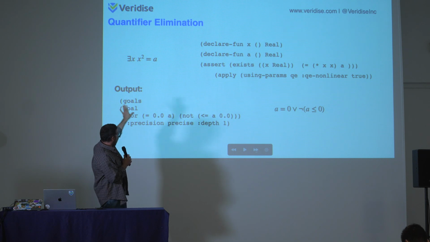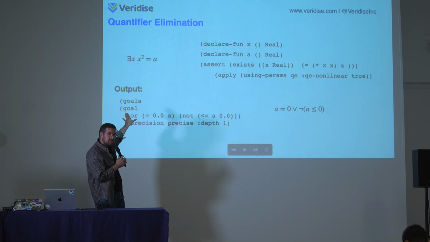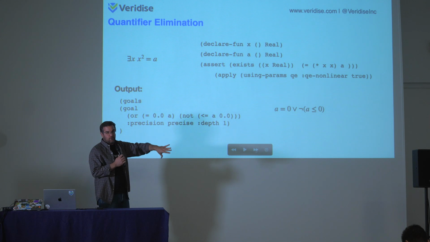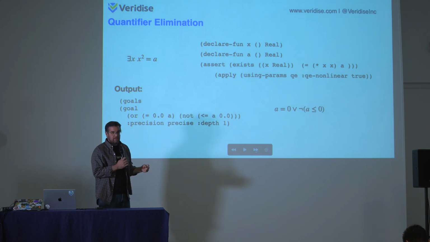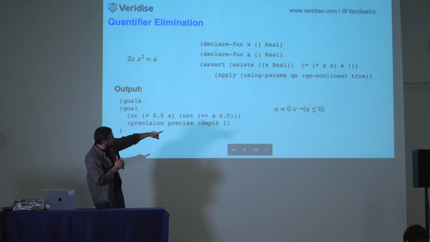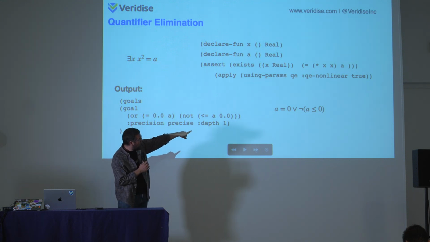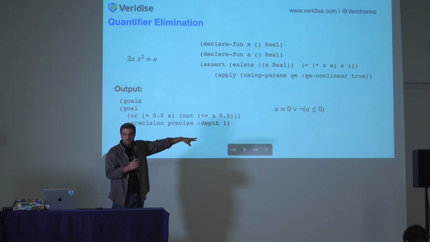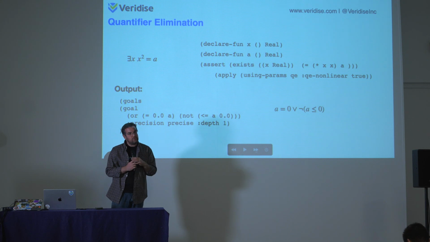So this formula with the quantifier would be satisfiable if and only if the quantifier-free formula that the quantifier elimination gives you would be satisfiable. So in this case, it would tell you, for instance, rather than checking this, you should check whether A is 0 or A is non-negative. Yeah? So A is positive. Yeah? So it's a very powerful tool, so to say.